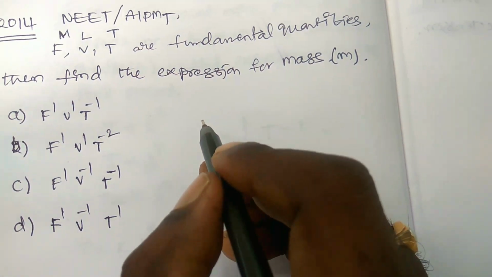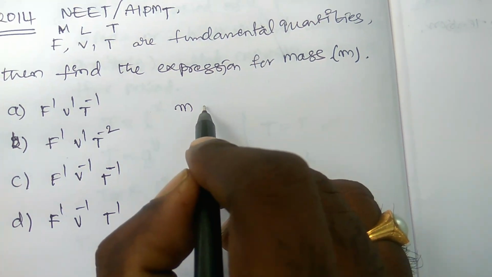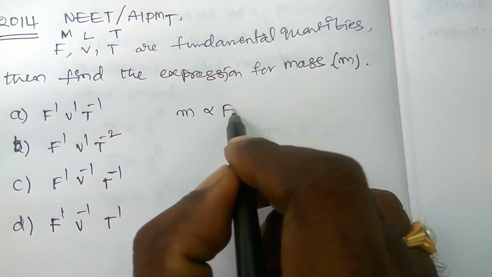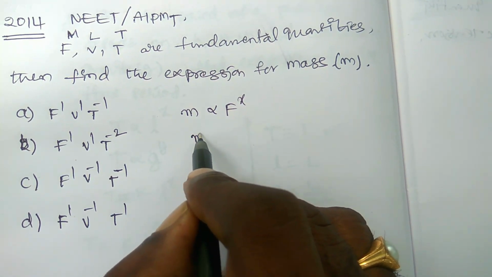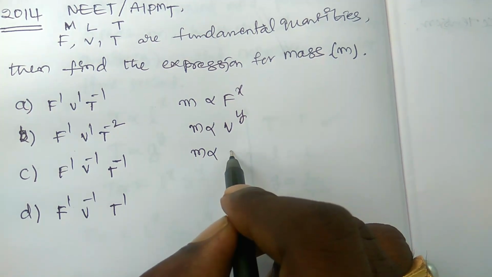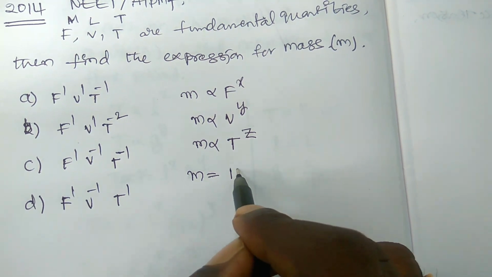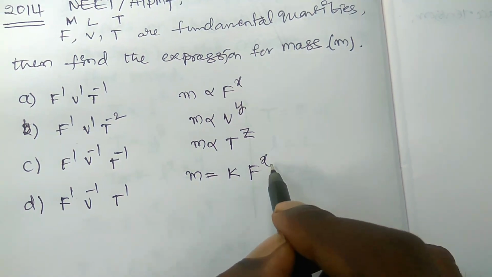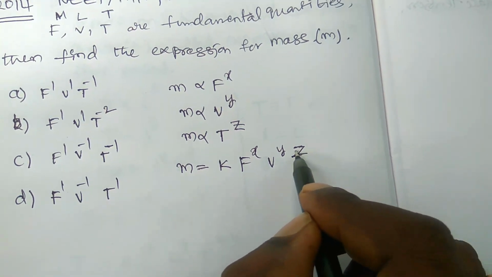So we have to check which option is correct. Let us find. Mass is proportional to F power x, mass is proportional to v power y, mass is proportional to t power z. So mass is equal to k into F power x, v power y, t power z.